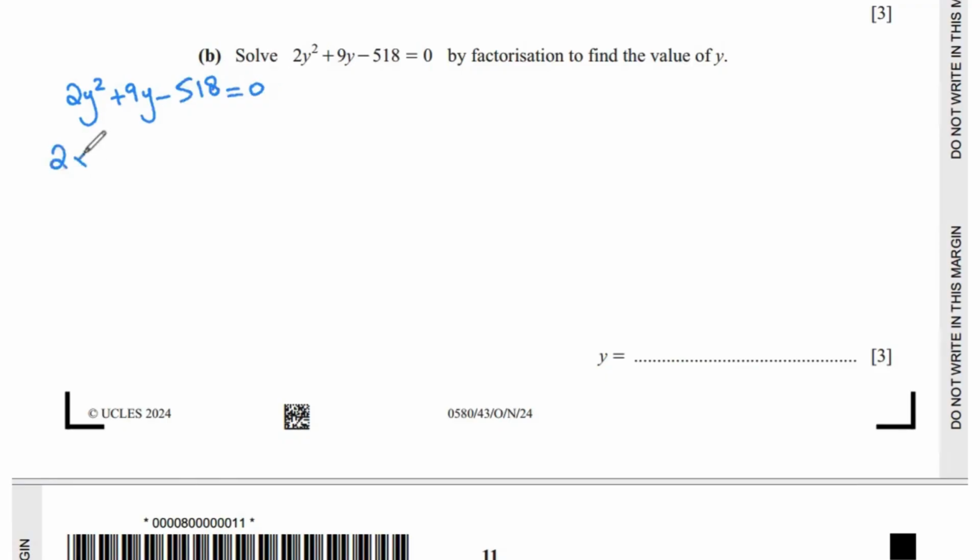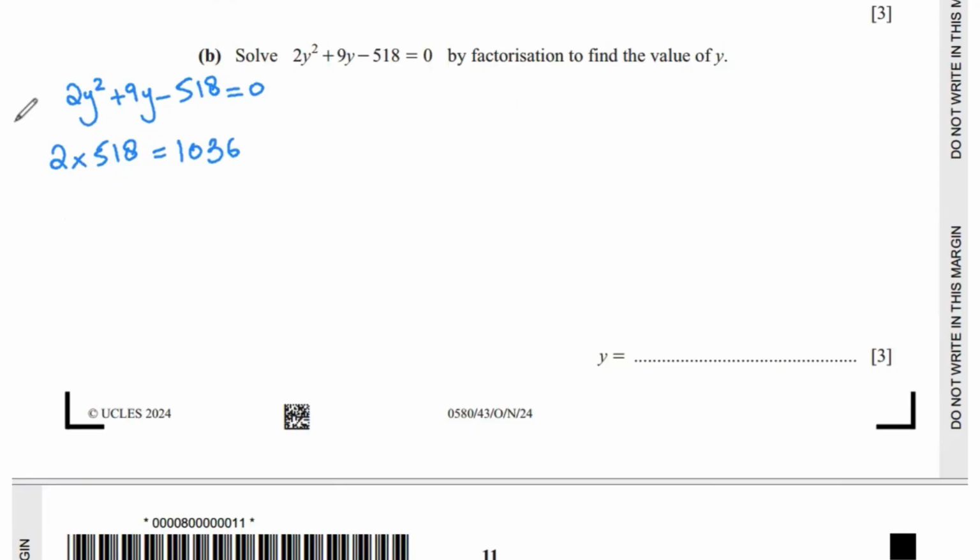So that means 2 times 518, and that's going to give us 1036. Now, once we've multiplied them, we need to find factors of 1036, which when added or subtracted give us 9, which is the middle term.